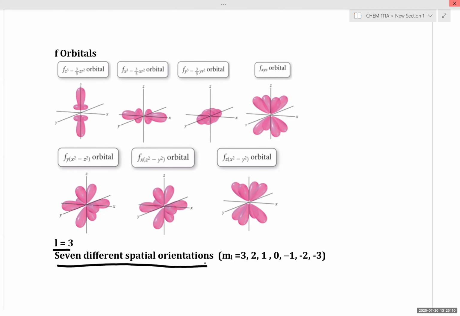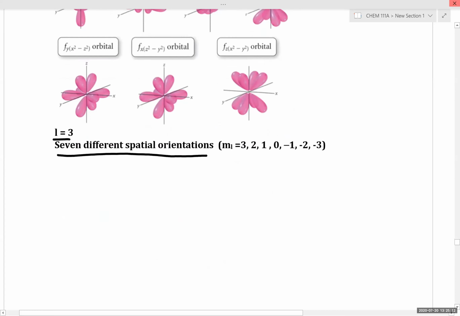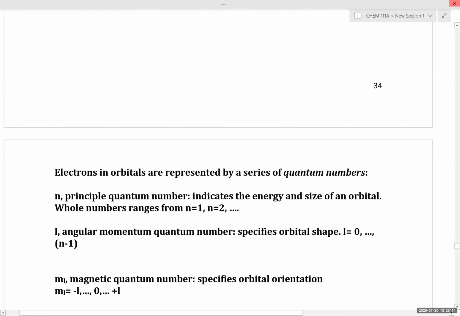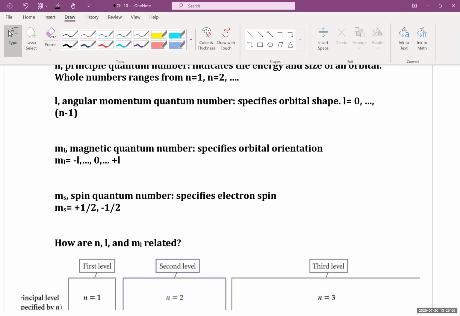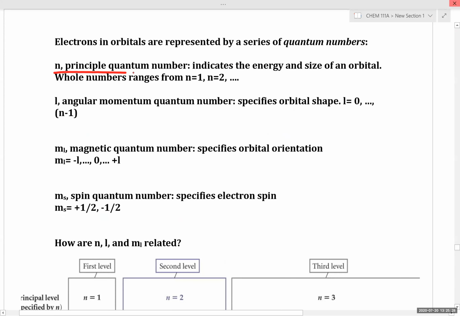Okay. So now we're going to talk a little bit about each of the quantum numbers, and how the different quantum numbers are related. So we know that we have n, which is the principal quantum number, which indicates the energy and size of an orbital.